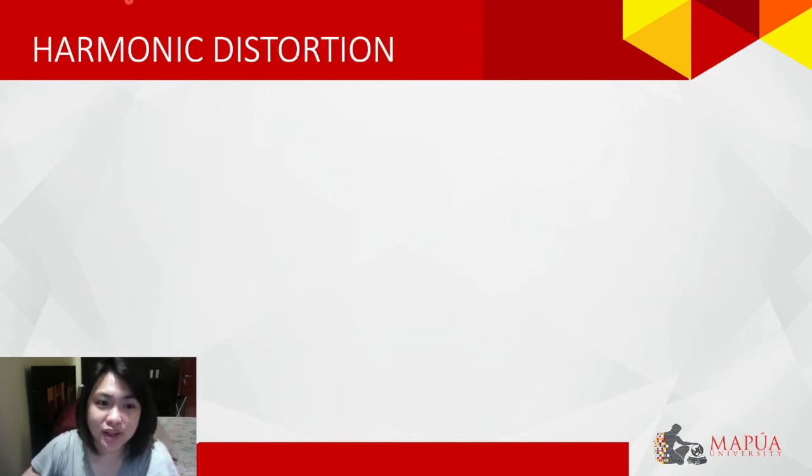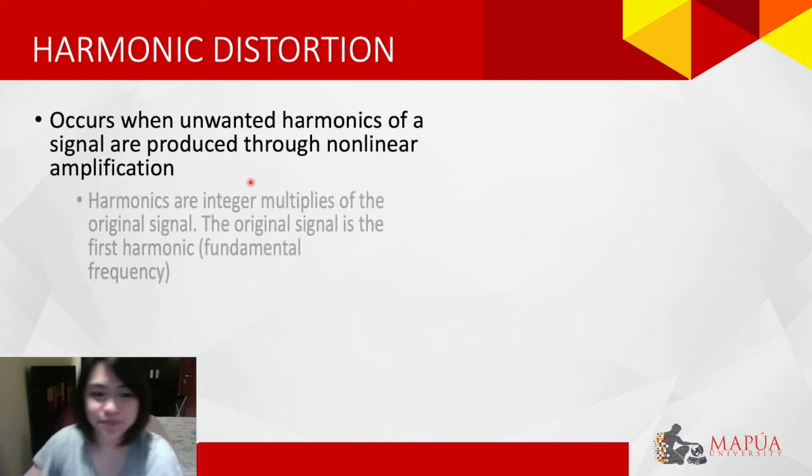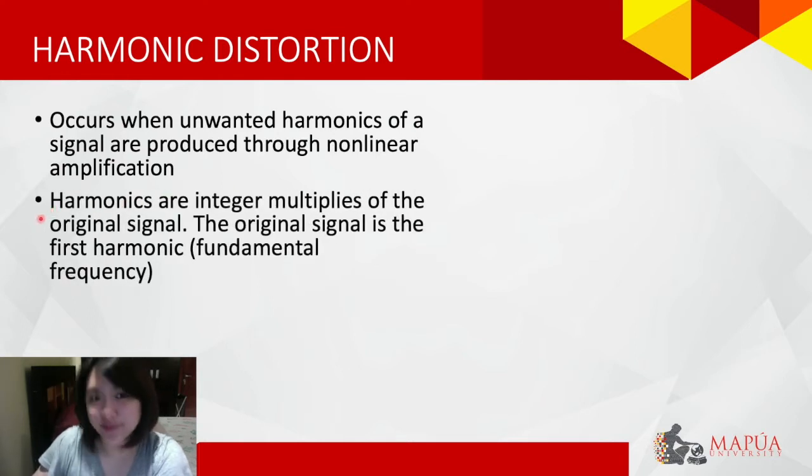For the harmonic distortion, this occurs when unwanted harmonics of a signal are produced through nonlinear amplification. Harmonics are integer multiples of the original signal. So the original signal is the first harmonic.